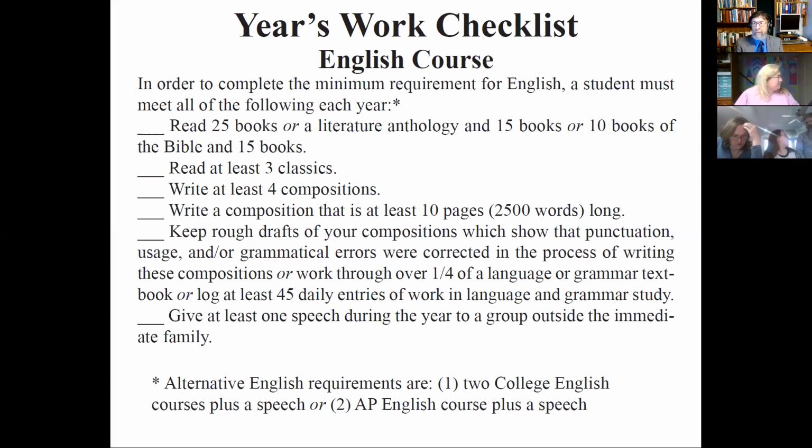See, what we're finding is that we have this tremendous reputation with colleges. Homeschoolers from our program are literate, they're really good readers, they're good writers because they've had a lot of practice writing. Some homeschoolers go to college and they've never written anything.